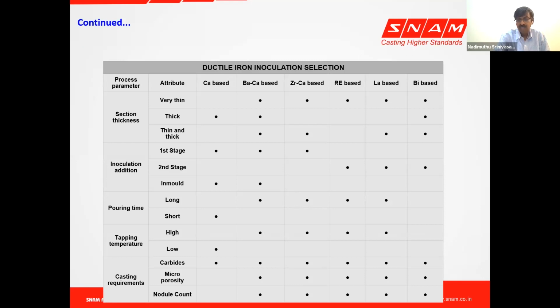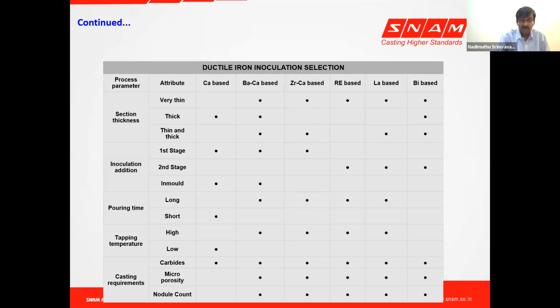Okay, it is within that we define the short or the long. In tapping temperature, higher temperature, people doing pouring through the line. Sometimes I've seen, though we advise to keep within 8 minutes, some people pour for 10 minutes. So naturally they would like to up the tapping temperature so that there is no metal that is cold for the last box.